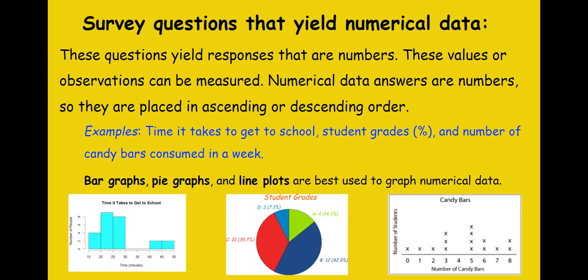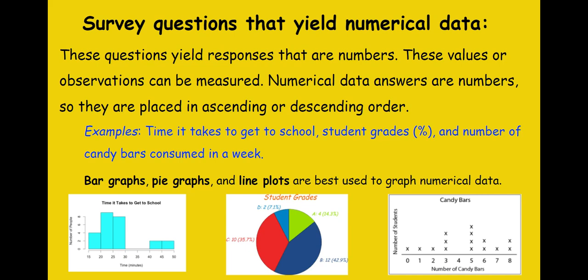If you look on this bar graph, it took some people between 40 and 45 minutes, and it took some people between 40 and 50 minutes. So your answers would have required somebody to use a clock and measure the amount of time it took to get to school. So this is a numerical data type of question and representation on a bar graph.